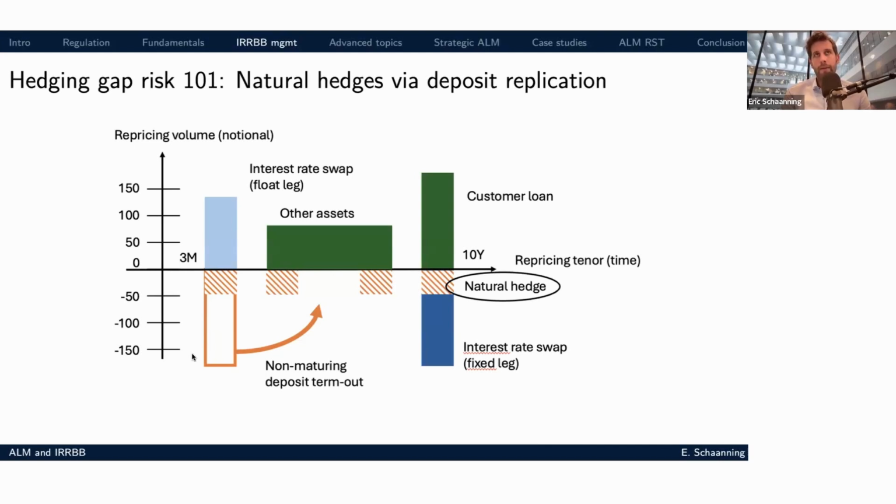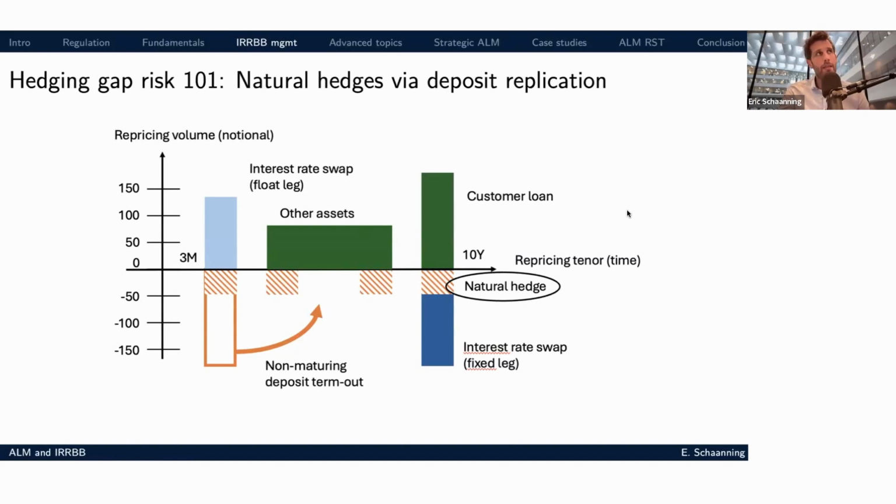By setting up such a model and then placing these deposits with their modeled duration onto this ladder, you get partial hedges for your assets. And there's regulation and requirements around how long you can term out. So you can't, for instance, say you've got a 20-year loan and you're going to model your deposits to also have a 20-year duration, and then it's offsetting.